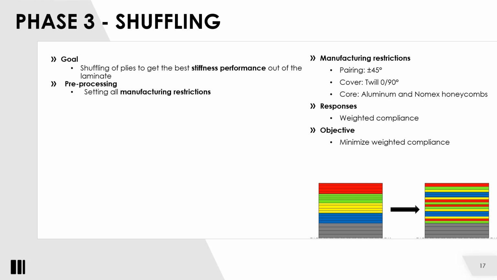As a response, we do not have the mass anymore, because if you just shuffle around the layers, the mass should not change. And we still have as an objective to minimize the weighted compliance. So what we get in this step is basically a higher stiffness while obtaining the same mass.